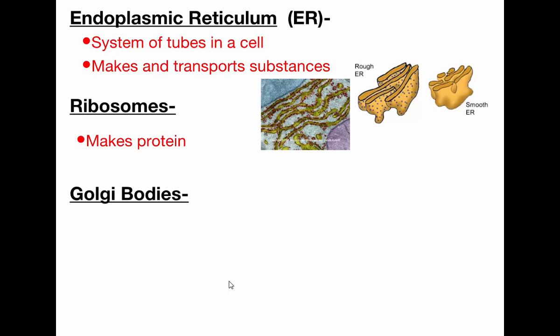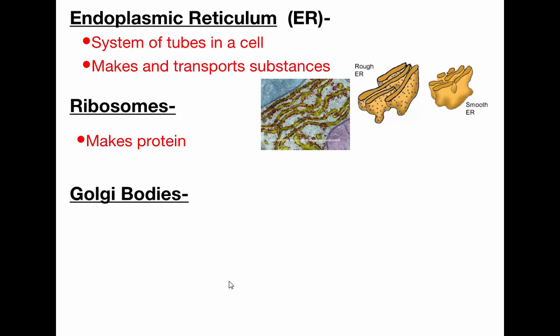Ribosome's job is to make protein. Protein is very, very important in cells, in all living things. It's the key thing that makes up our bodies. To help remember it, what I sometimes tell students, what are the first three letters of this? Rib. You like to eat ribs?